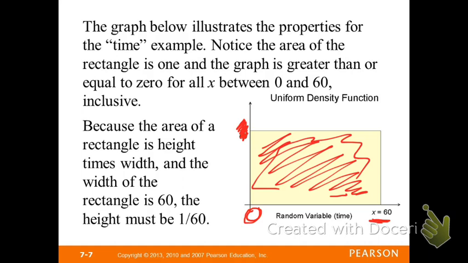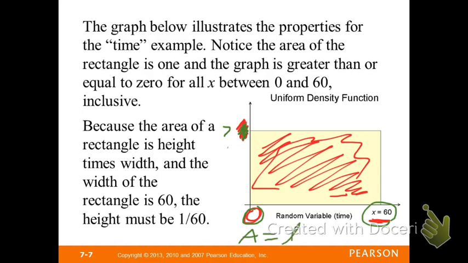This is what a lot of people say, oh, so the uniform density function looks like a rectangle. Yes. Now suppose you were trying to draw this on your own, and you didn't know the height of the rectangle. So I'm just going to put a question mark here. If x ranges from 0 to 60, and you know the total area of the rectangle is 1, what do you know about rectangles?